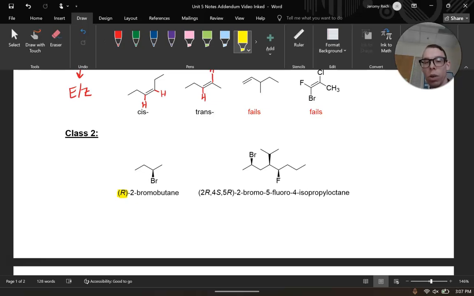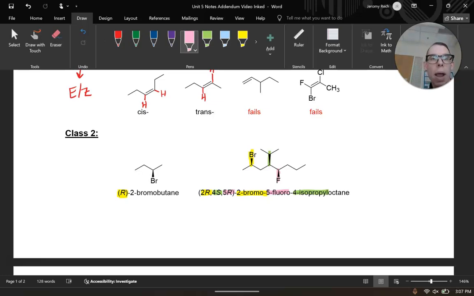So if it's 1, 2, 3, all the way up to however many you have. And then we'll list the locant with your R and S. So in this case, our bromo here is an R, so we'll write 2R. Our isopropyl here is at the 4 position and it's S. And then our fluoro here is in the 5th position and it's R.